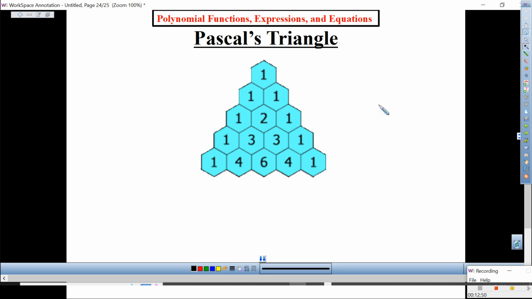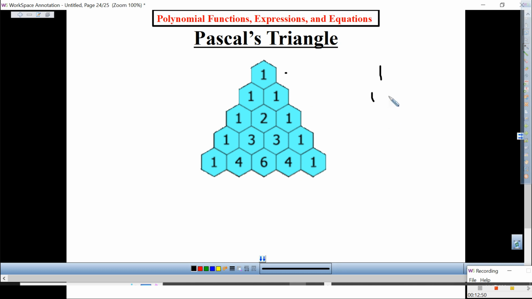Now, why is this so important? Because this pattern we're going to use today to multiply binomials. In order to multiply binomials using the Pascal triangle, that's known as the Binomial Theorem. So check this out. First, let me explain what we're looking at. What we're looking at is that we start with the number 1. So if I was to ask you to sketch this without the honeycombs, it would look like this. 1.